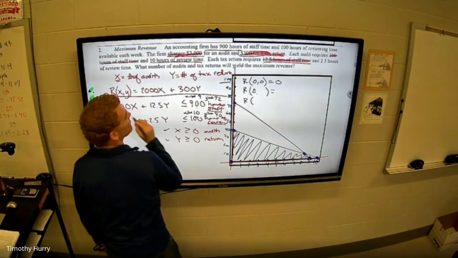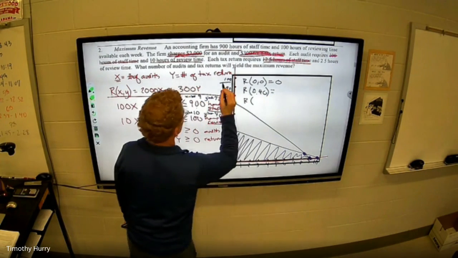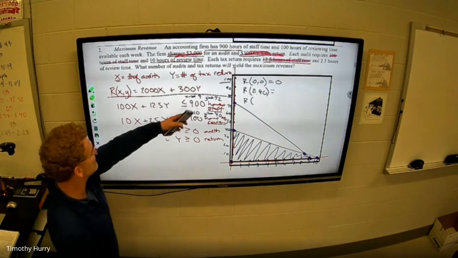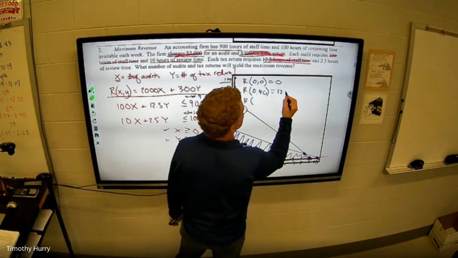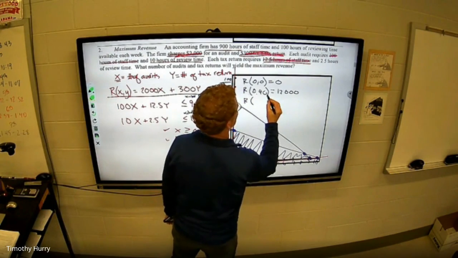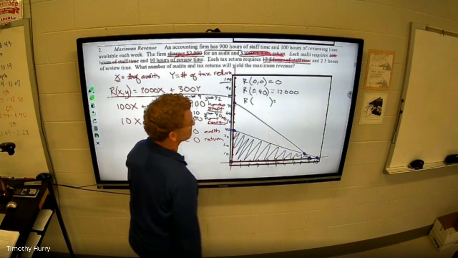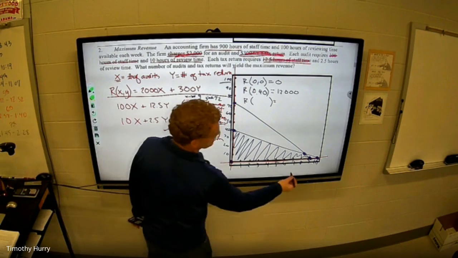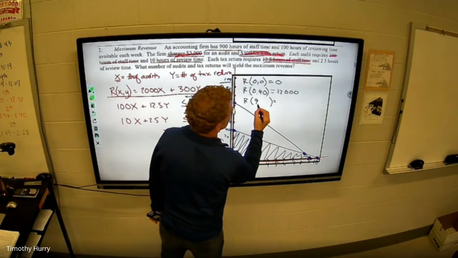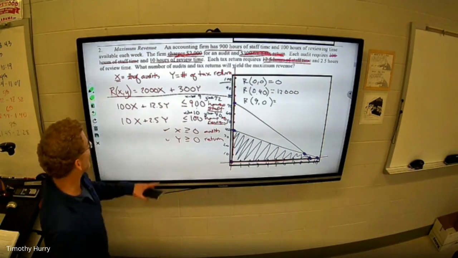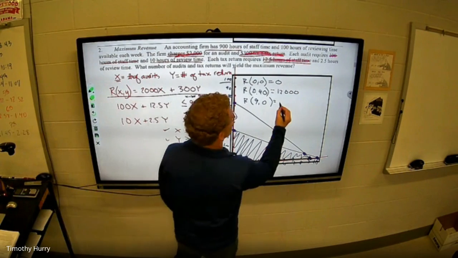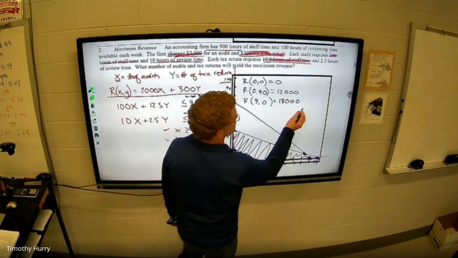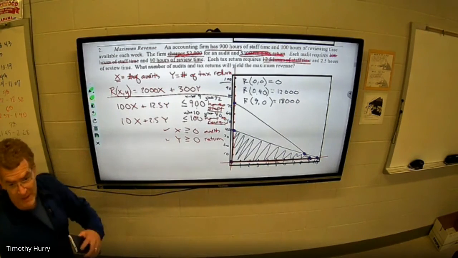So they're going to make much less doing just tax returns. So 40 times 300 is 12,000. Good business. And then what's the other point? 90. 90 is going to make me 18,000. So clearly I'm better off just being an audit company if it's going to be one or the other.